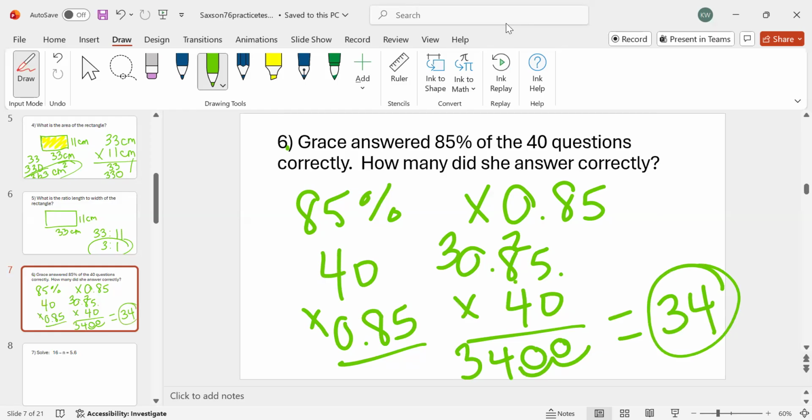If we were doing this with the calculator, oh, I got rid of my calculator. Better get that back. Hold on, I need to reshare my calculator.